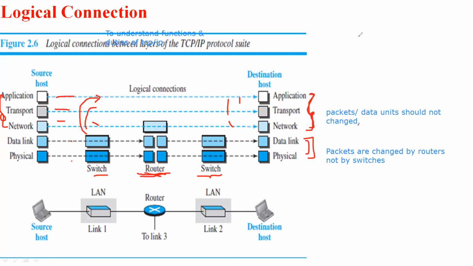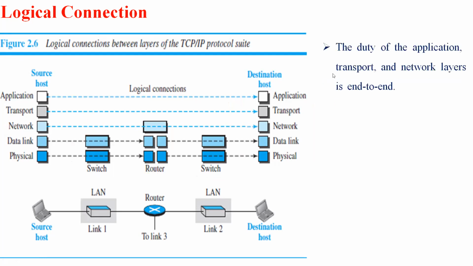So this is the logical connections of the TCP/IP protocol. The duties of the top three, that is the application layer, transport layer and the network layer, are end to end.